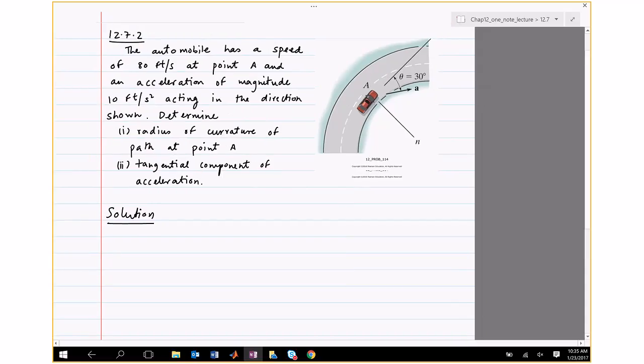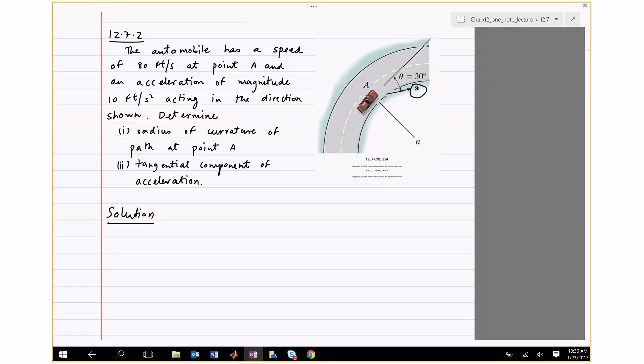Let's solve this problem. So the automobile shown here has a speed of 80 feet per second at point A, as shown there. The acceleration is of magnitude 10 feet per second squared, acting in the direction shown. Okay, so this is the acceleration, and you are also given the direction.